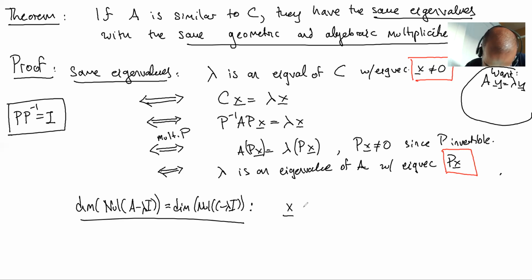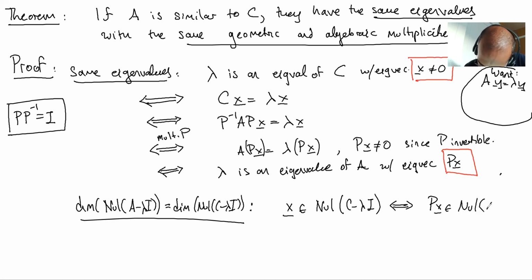We have that x is in the null space of C minus lambda I if and only if Px is in the null space of A minus lambda I. We just proved that. That's literally what's written up above.